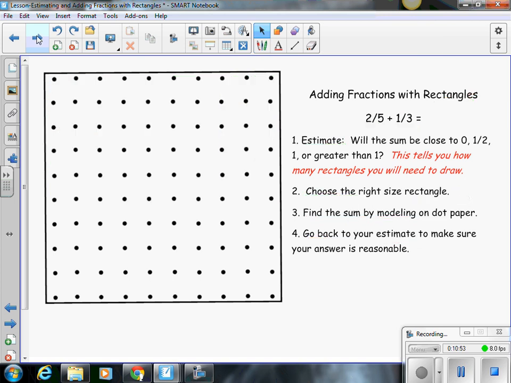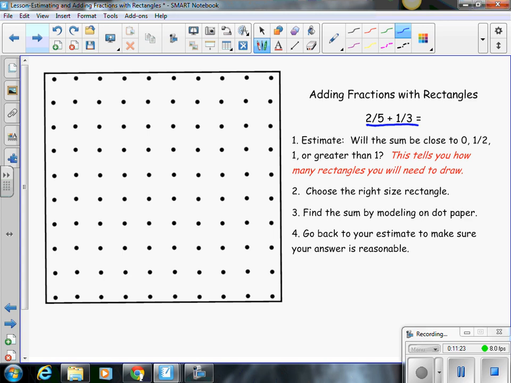All right, we're going to do another sample problem. So this one is 2/5 plus 1/3. So first step, estimate. Will the sum be close to 0, half, 1, or greater than 1? This tells us how many rectangles we need to draw. 2/5 is probably closest to 1/2, and 1/3 is close to 0.